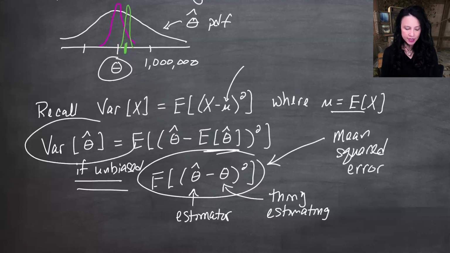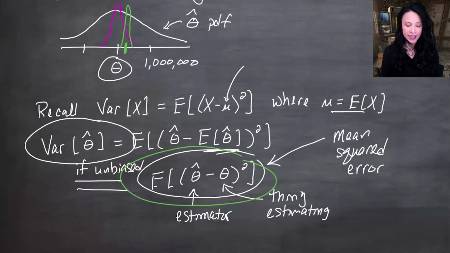And sometimes this is the variance. But if you have a biased estimator, this mean squared error, which is actually defined as this, is not quite the variance. So next up, I'd like to see the relationship between mean squared error and variance.